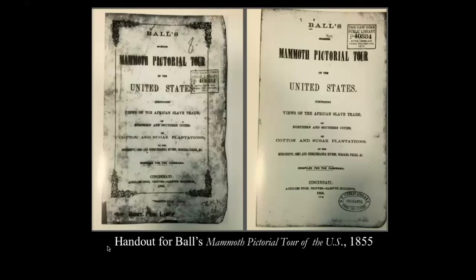So this is the first abolitionist version of this kind of painted spectacular event, and it comprised views of the African slave trade, northern and southern cities, and cotton and sugar plantations. J.P. Ball has plenty of access to people who have self-liberated to freedom in Ohio and who are telling their stories. When we look at this, we can see that he is using his labor and the labor of African American artists for this very political purpose of changing the repressive conditions of enslavement.